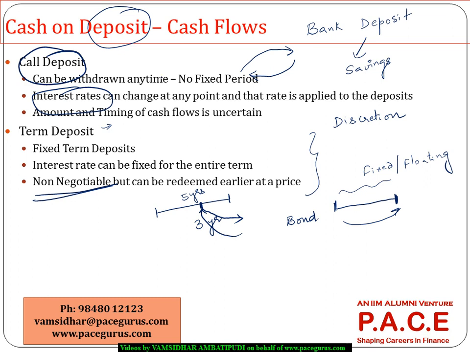Whereas with term deposits, if it is a fixed term, fixed amount kind of deposit, all are known in advance. But if the interest rates are non-fixed, or if they can be redeemed, or if the party exits at any point in time, the cash flows will become uncertain for those kinds of scenarios.